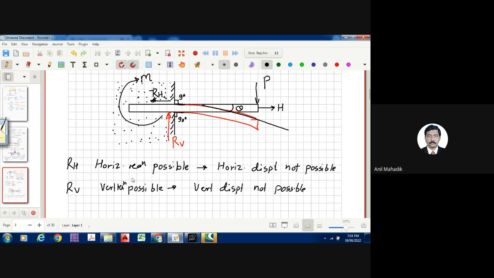And therefore, moment is possible. Because rotation is not possible at support. At support is a very important word, because after support it is rotating. At support it is not. So I can say there will be M also. There will be three reactions, RH, RV, and M. And this support, we call it as a fixed support.